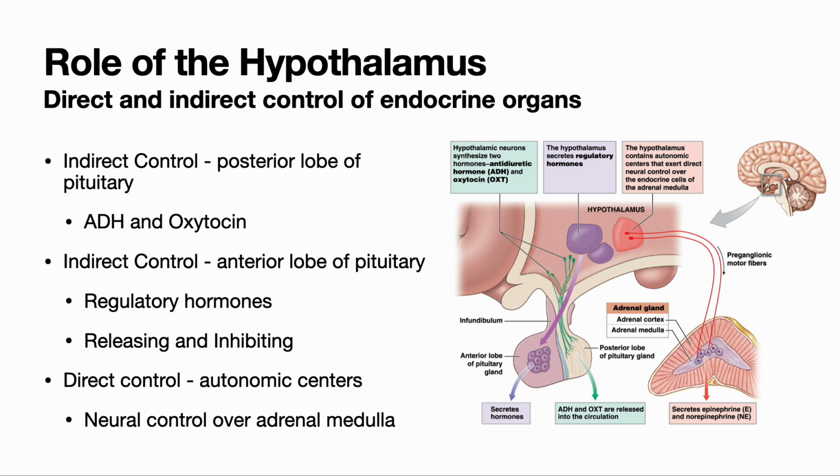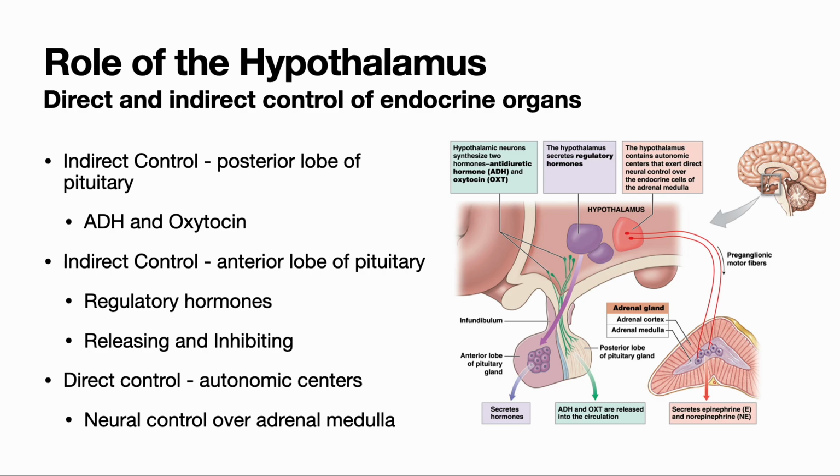So the hypothalamus, you might remember from A&P 1, is part of your brain, and it is going to have both direct and indirect control of endocrine organs. So there are two ways that it will have indirect control, and then one mechanism of direct control in terms of endocrine organs.